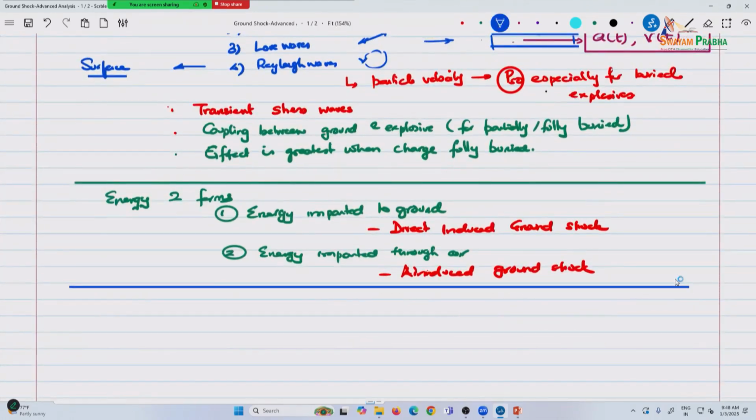Just the characteristics. For air induced ground shock, you have the following characteristics. Here the air blast compresses the ground surface. That's the first phenomenon.